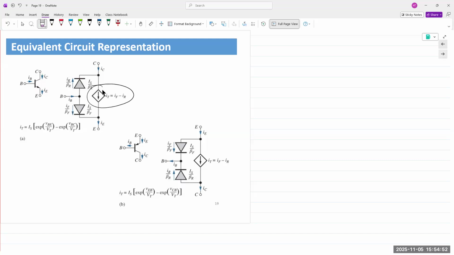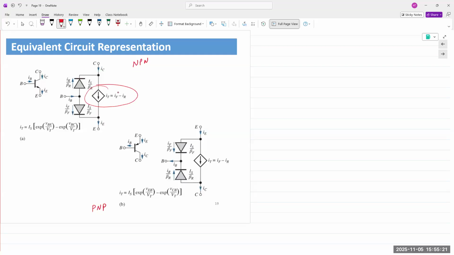Okay. The total current flowing on the output side is the forward current minus the reverse current. This is the NPN transistor, and this is the PNP transistor. But in both cases, again, the output current is modeled as a dependent current source.